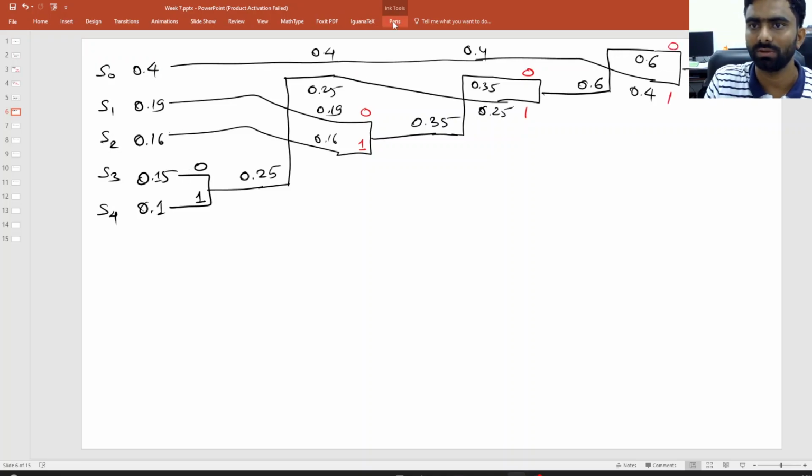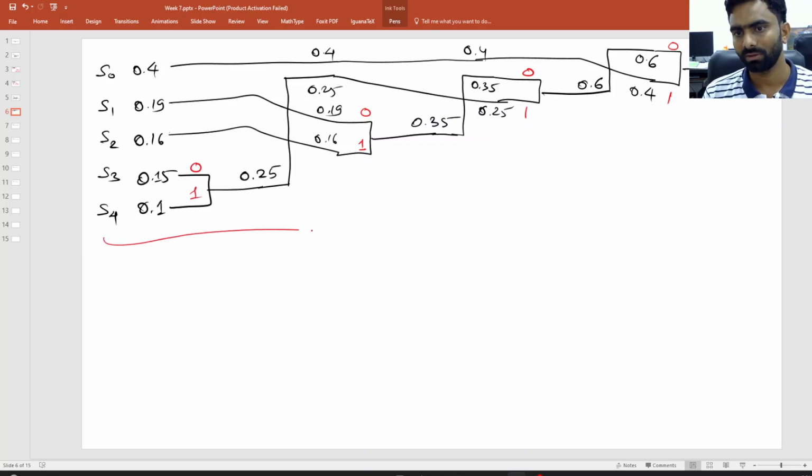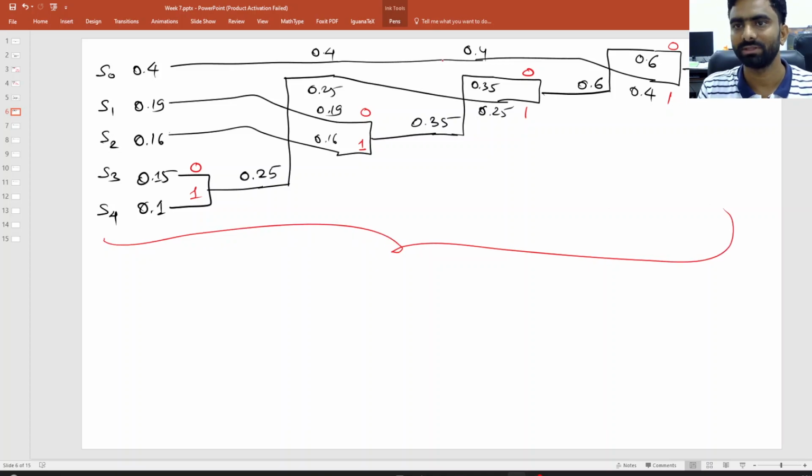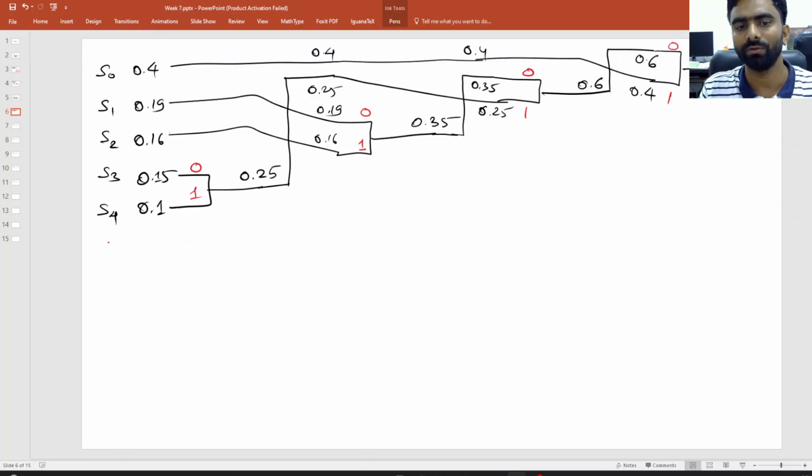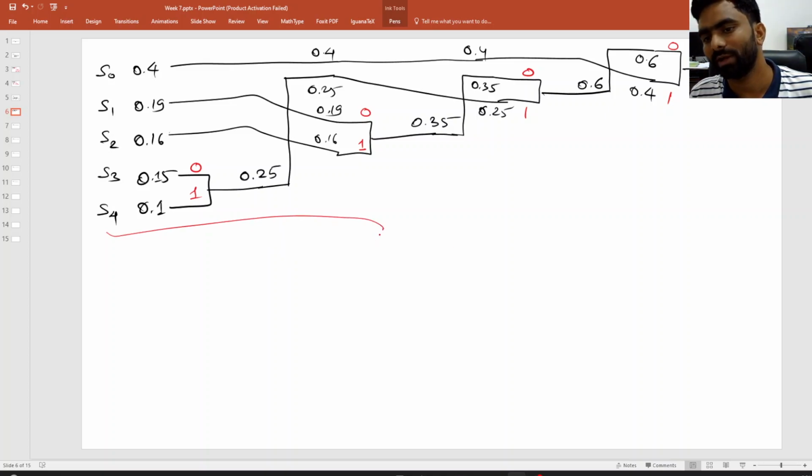So this is a tree. We have formed a tree. Now to find the Huffman codes, you have to backtrack in this tree and you will get the symbol.